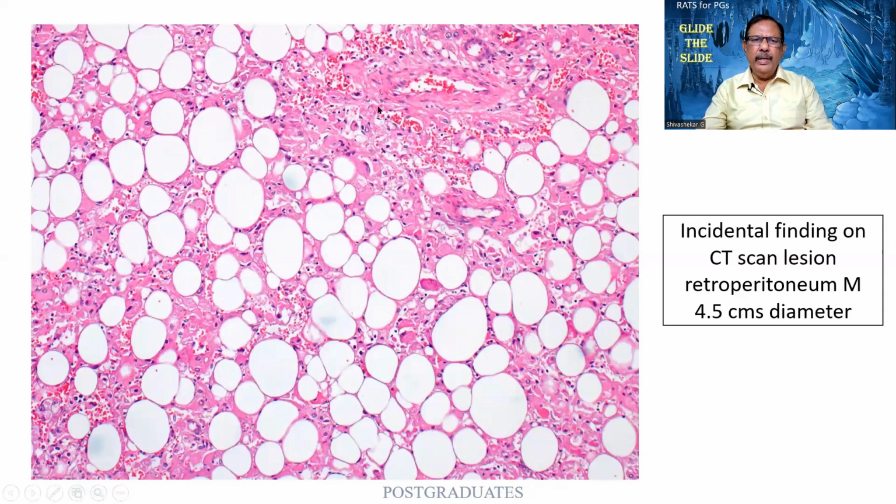The third one will be thick-walled blood vessels, which have an irregular lumen and a varying thickness of the wall. So the diagnosis can be, this can be a lipoma.